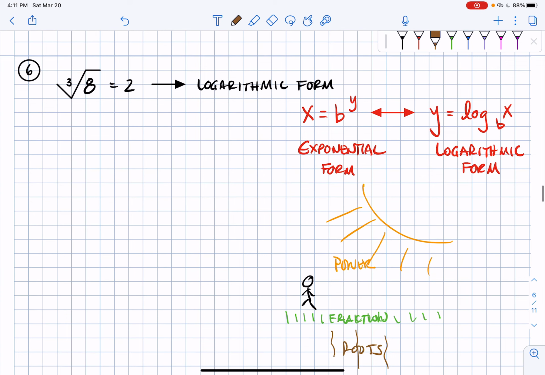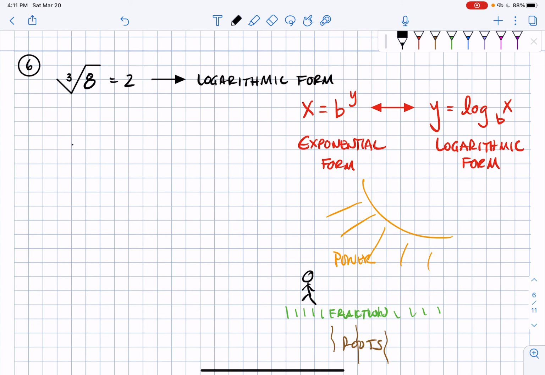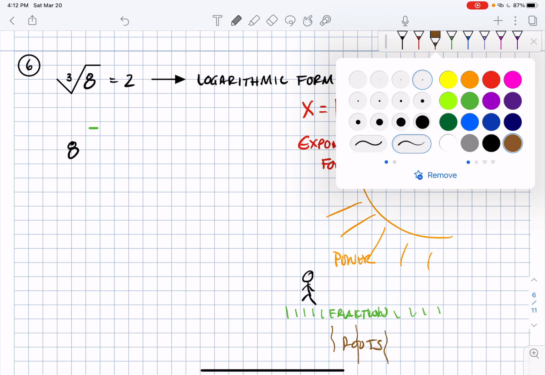So if you think about it, in this case, I would just use this. I got 8. What power does 8 have currently? That's my grass.